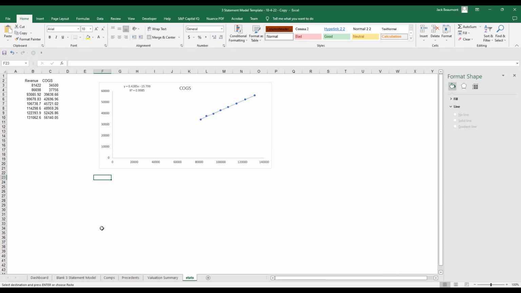So what we have here is our y-intercept, which equals negative 15.799, and our slope is 0.4285. Okay, and the intercept is negative, sorry.